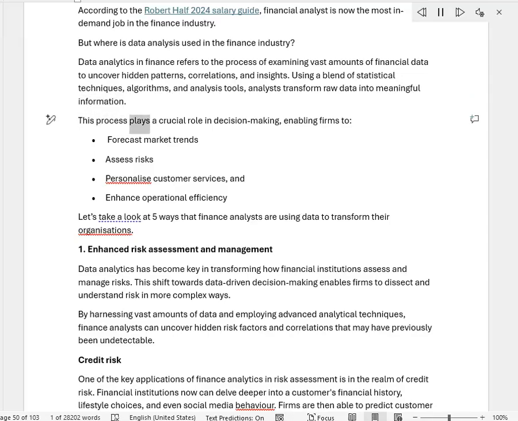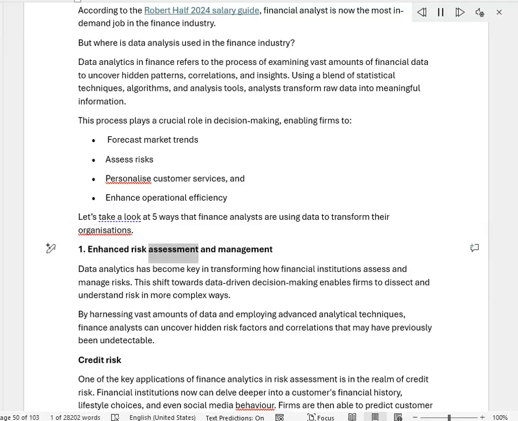This process plays a crucial role in decision-making, enabling firms to forecast market trends, assess risks, personalize customer services, and enhance operational efficiency. Let's take a look at 5 ways that finance analysts are using data to transform their organizations.